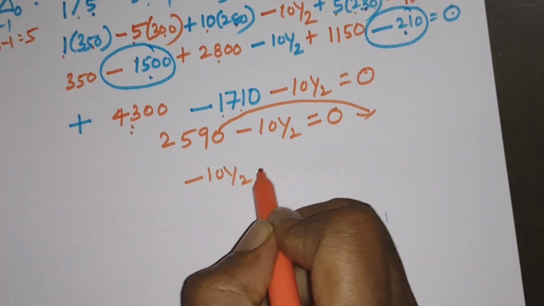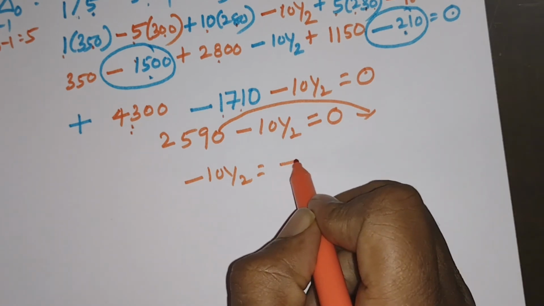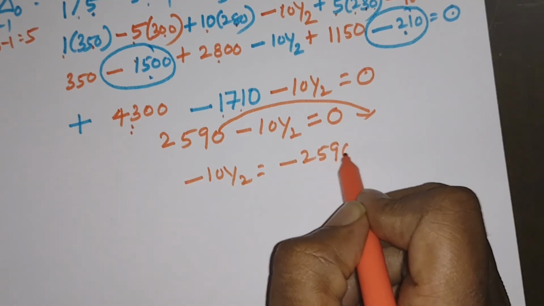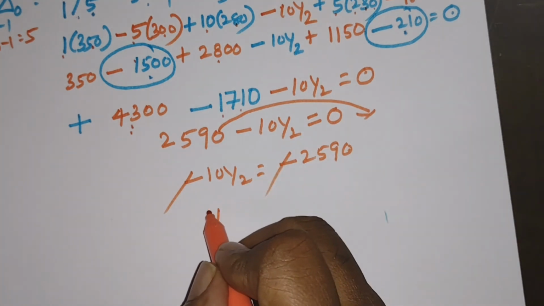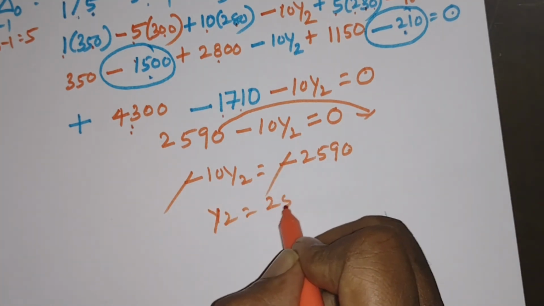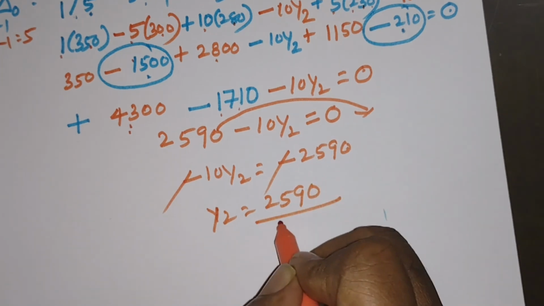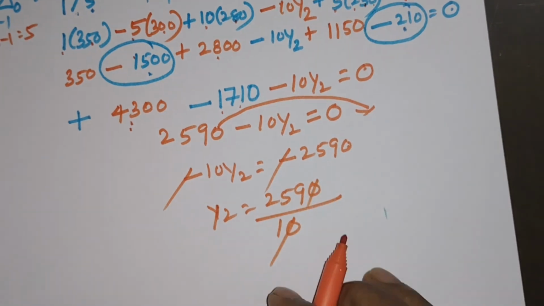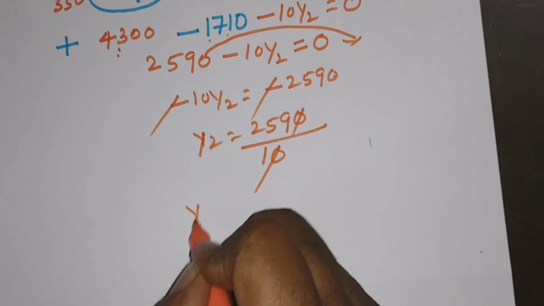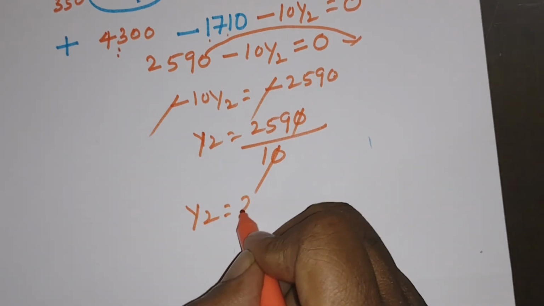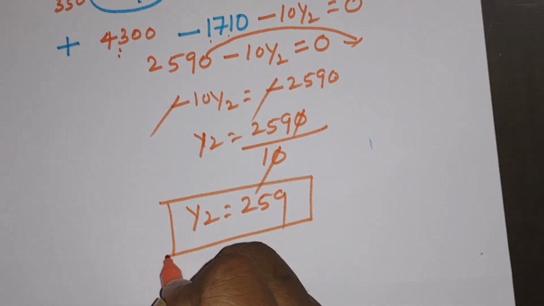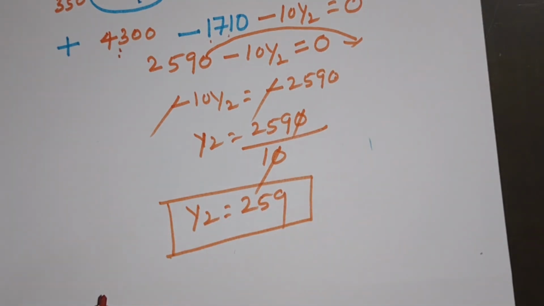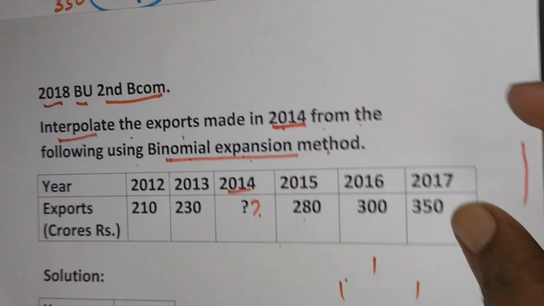Minus 10y2 is equal to minus 2590. Minus minus gets cancelled. y2 is equal to 2590 divided by 10. 0 0 gets cancelled. Therefore y2 is equal to 259.